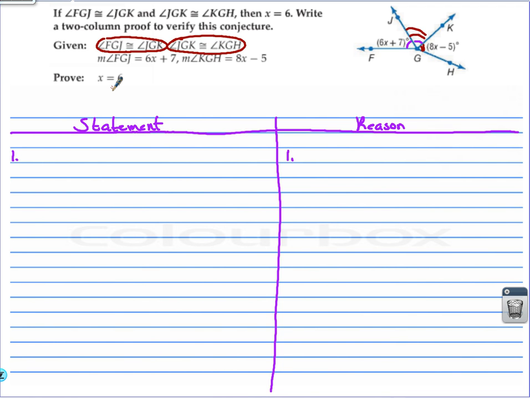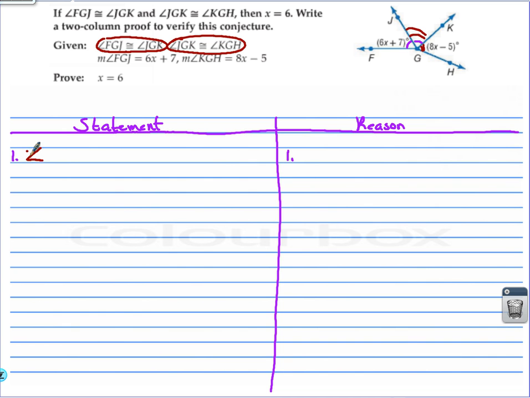You can't use the subtraction property of equality. You can't use the transitive property of equality because it says absolutely nothing about equality. And this is extremely picky when we go through these, and I know that it's going to seem picky, but just for now, just go with the flow. If you want to use the transitive property of equality, you're going to have to do something with that. But first off, let's go through and do this.